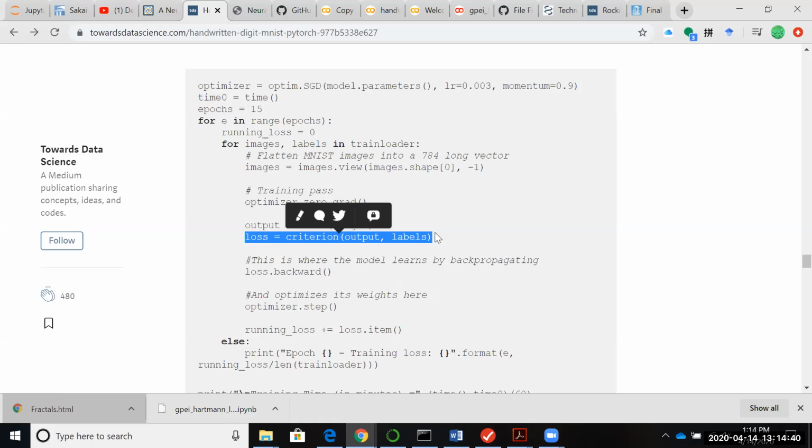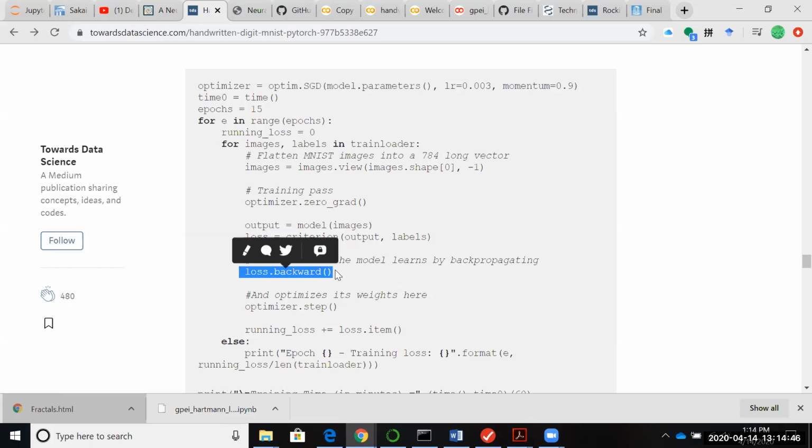This is the loss. Then you take this loss and you propagate backwards, and then using the optimization step you optimize these things using the backwards, and then you calculate the loss.